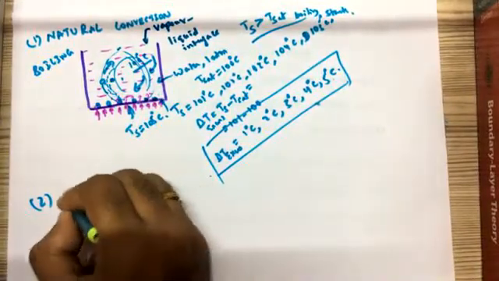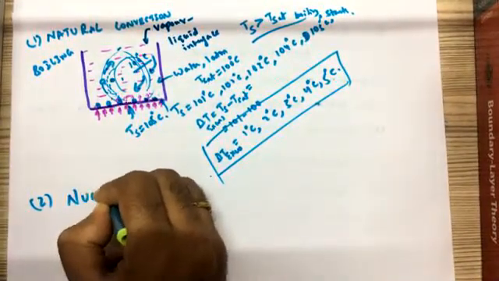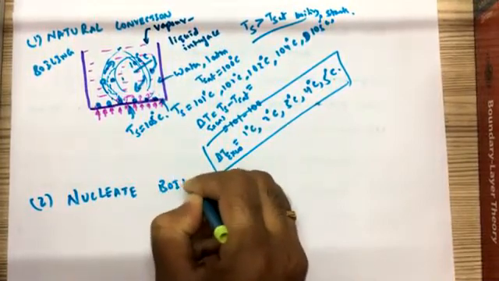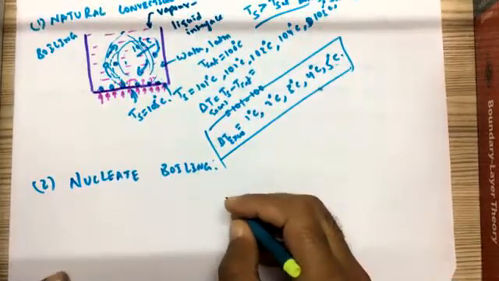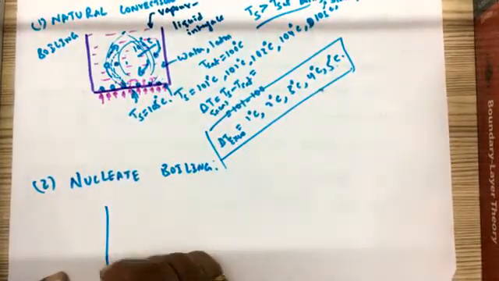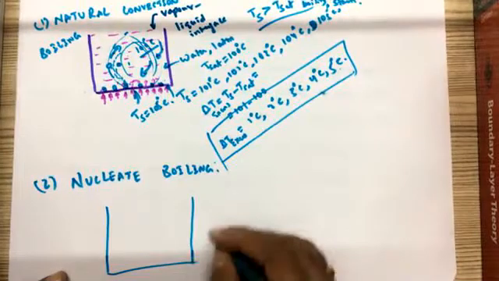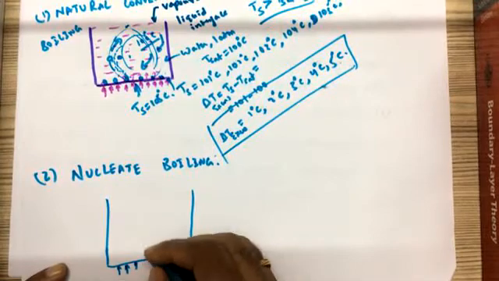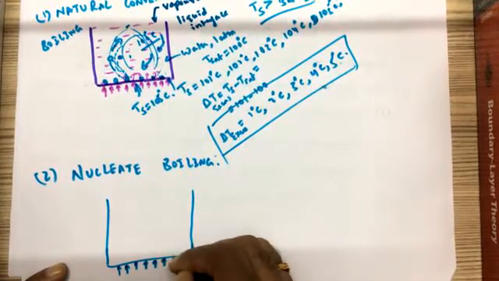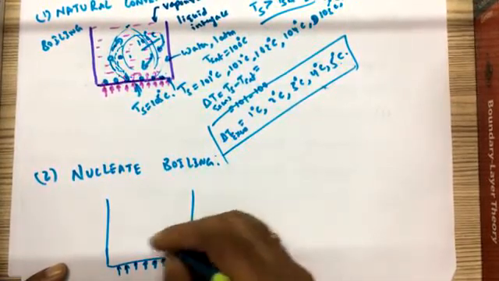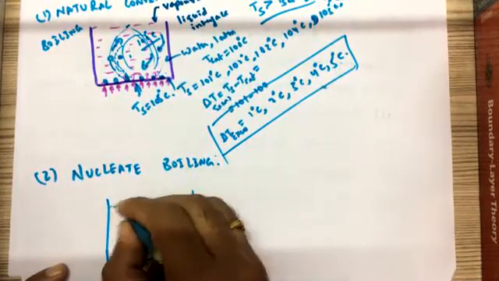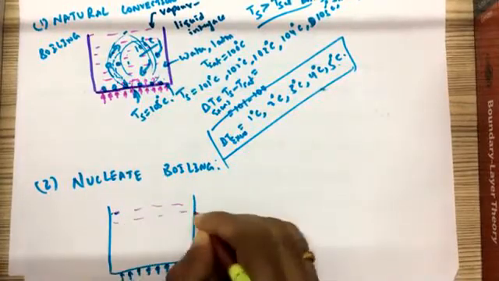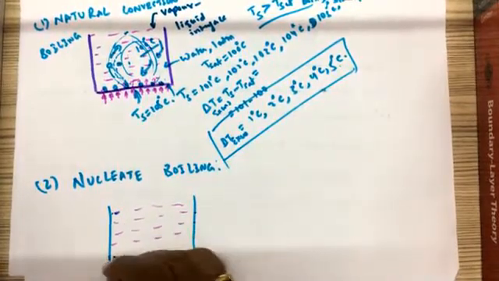Next one is nucleate boiling. Nucleate boiling. Okay. So in nucleate boiling, you will see initially the pan is filled with some water.